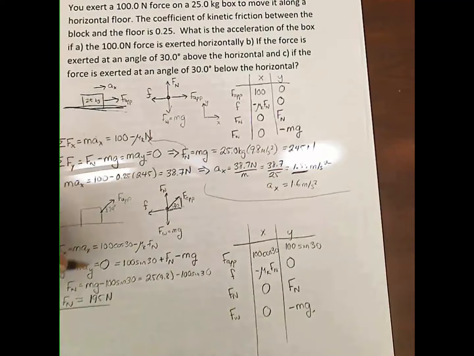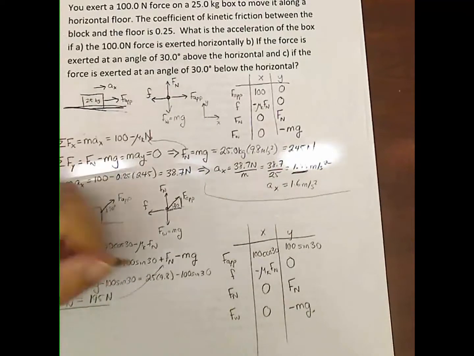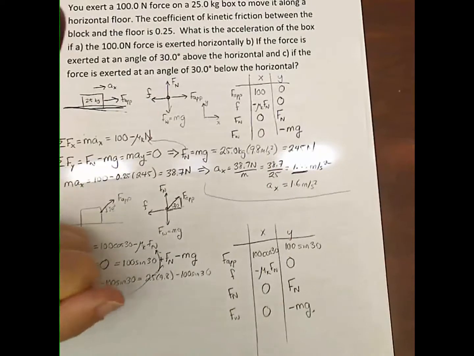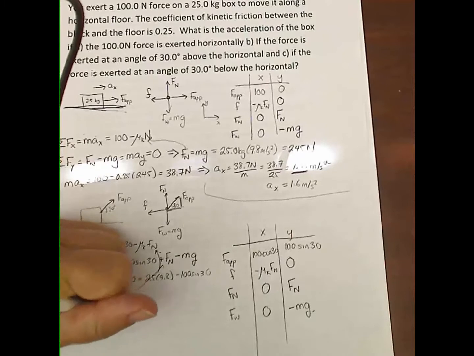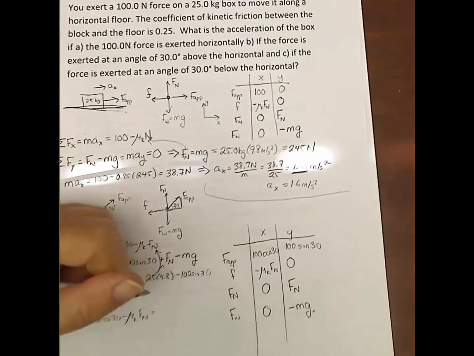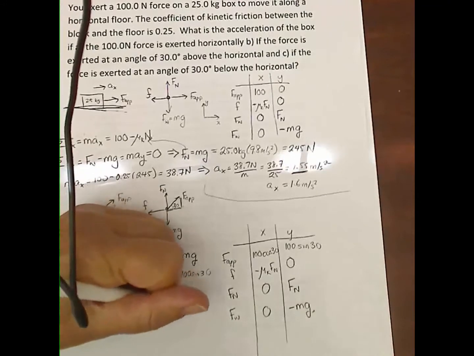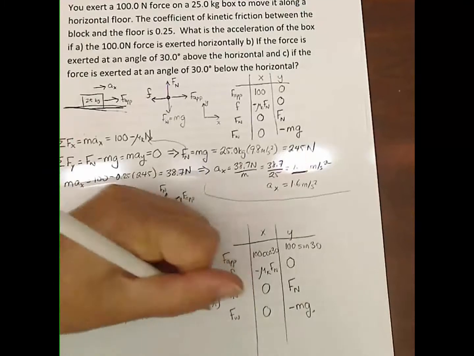Now I can take my normal force, put it back up into this equation. So I put it back up into that equation. So I get my mass times my acceleration x direction is equal to 100 cosine 30 minus mu k times the normal force. So I've got 100 cos 30 minus 0.25 times 195.